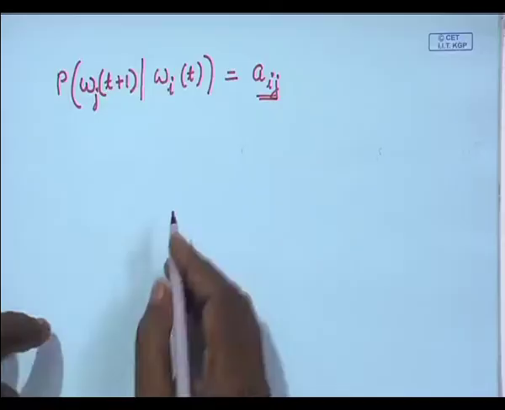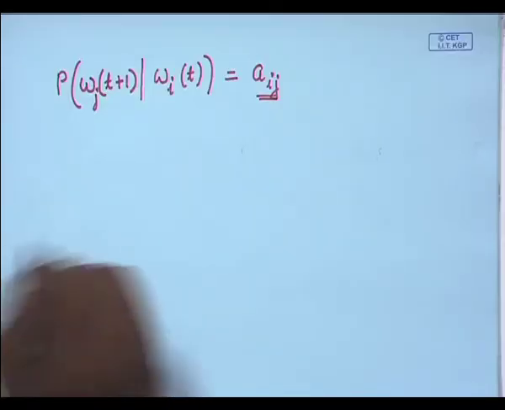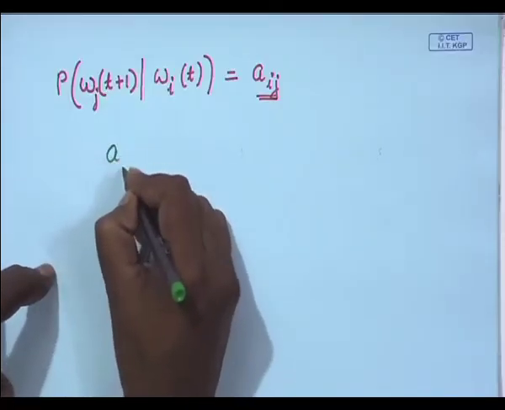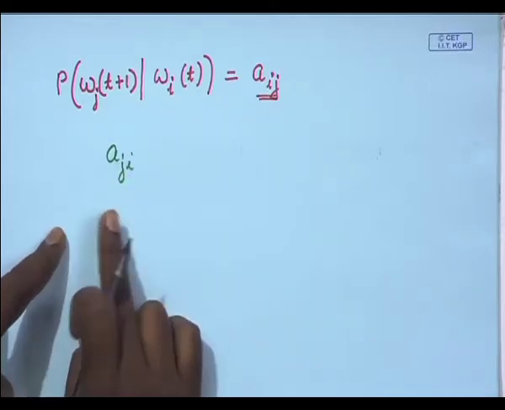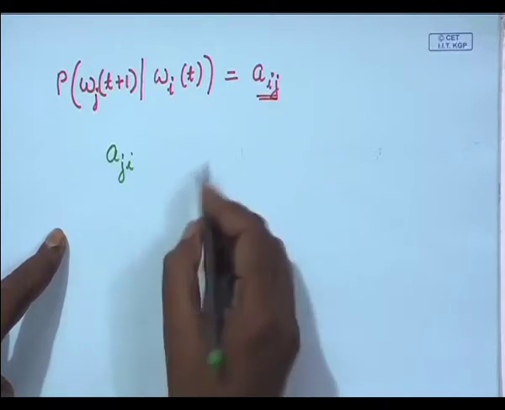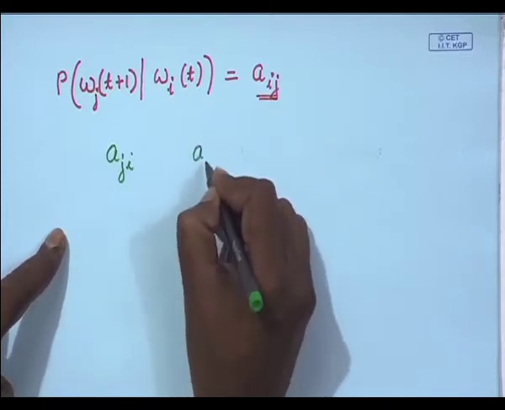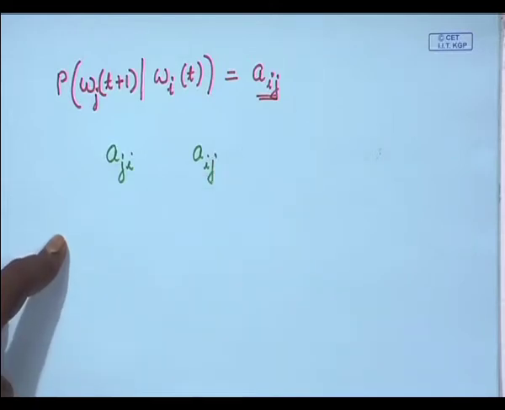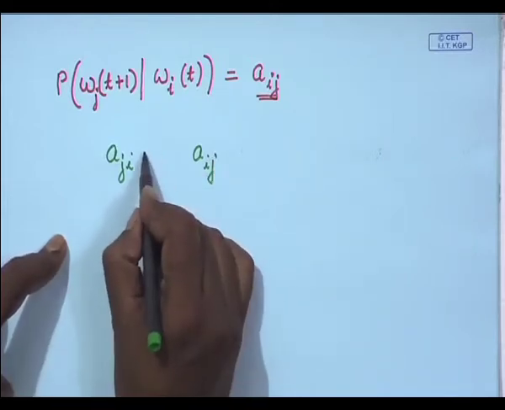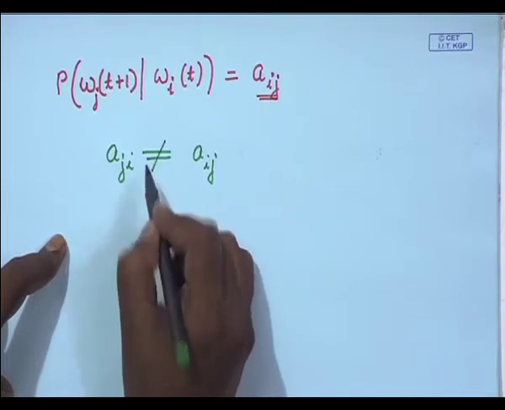The probability of that transition is given by Aji. This is the probability of transition from state omega j to state omega i, and the probability of transition from state i to state j is given by Aij. And in general, Aij and Aji are not equal.